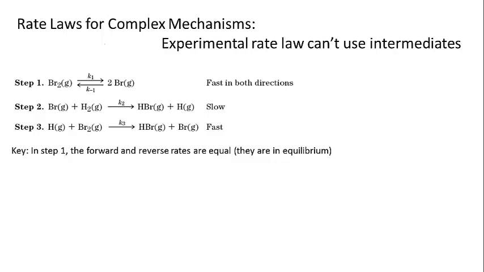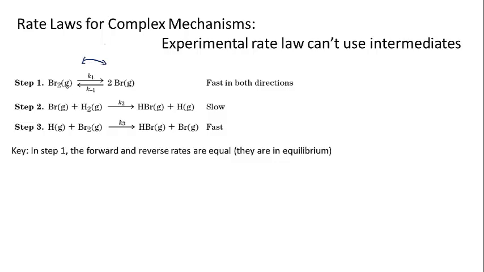Now let's look at a much more complicated mechanism, one where the first step is not the slow step. In this case, we're going to have what's called a pre-equilibrium step. So the first step here is a Br2 molecule is going to split up into two Br atoms. And we're going to say that both k1 and k-1 are fast in both directions. And so the key is that in step 1, because this is fast, these two come into equilibrium.